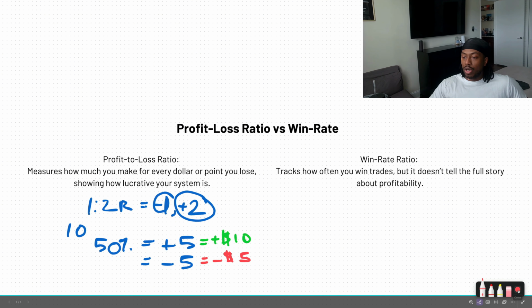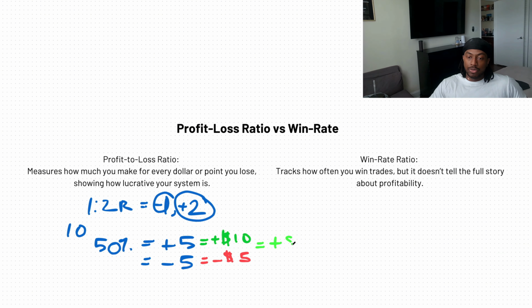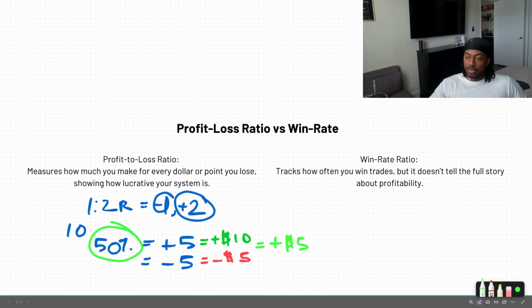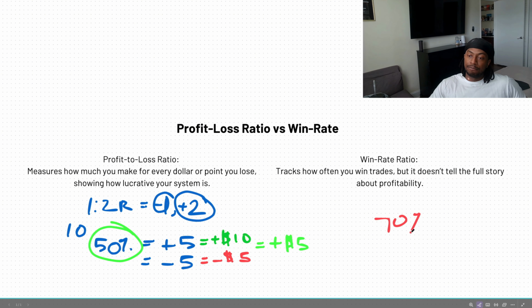Then my overall P&L is going to be plus $5, even though I only have a 50% win rate versus, well, let's say the 70% win rate I had over here.